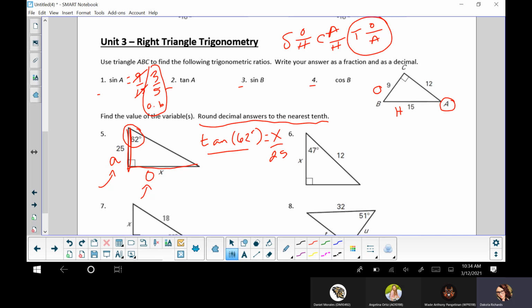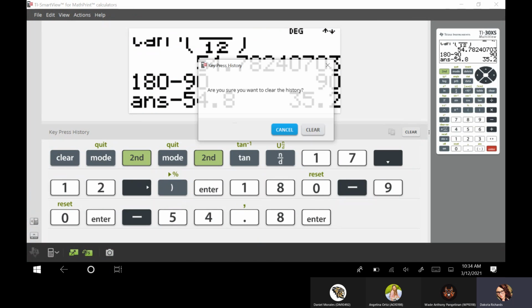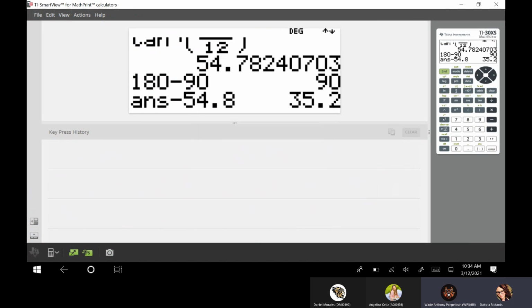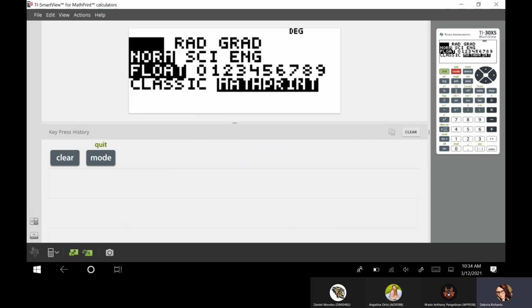So now we just set up cross multiplication. 1 times X is easy, that's just X. And then in your calculator, you have to put in 25 times the tangent of 62. And remember, round to the nearest tenth. So if we go to the calculator, I'm going to clear out what I've got. Let's make sure we're in the right mode.